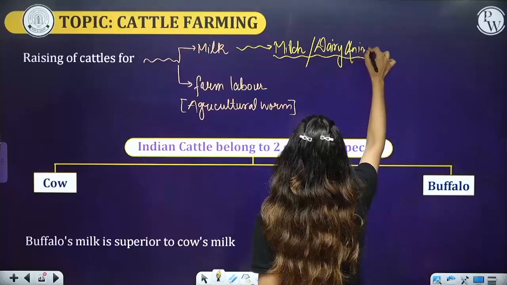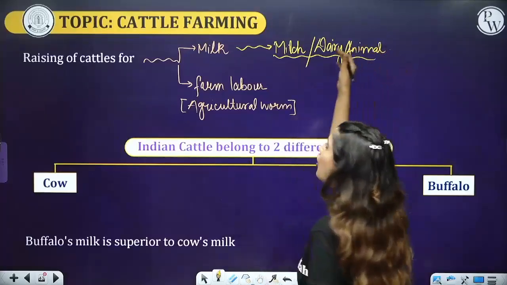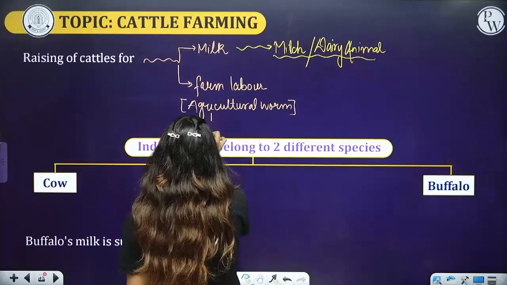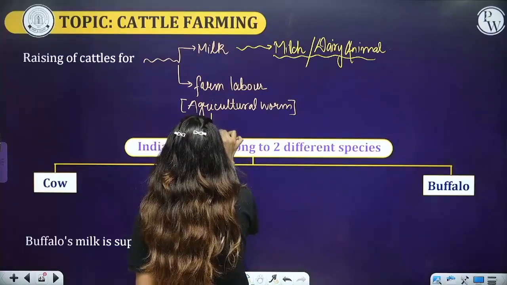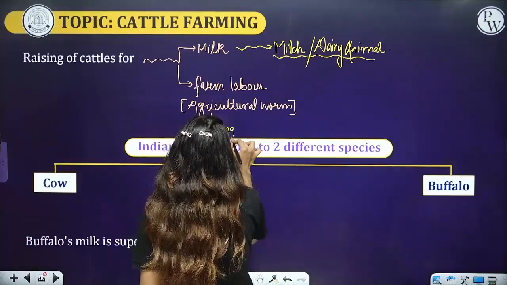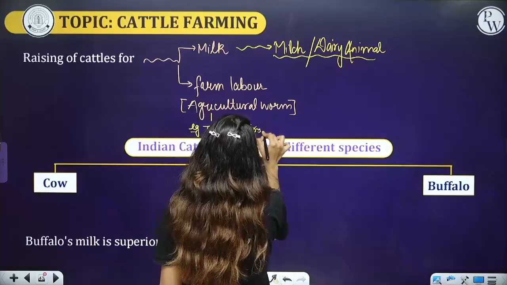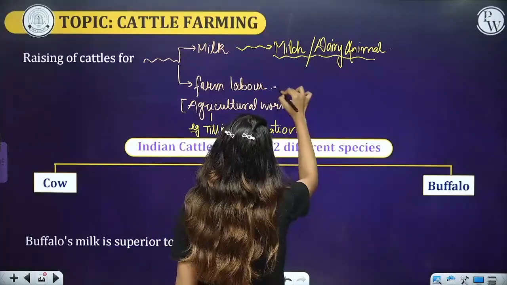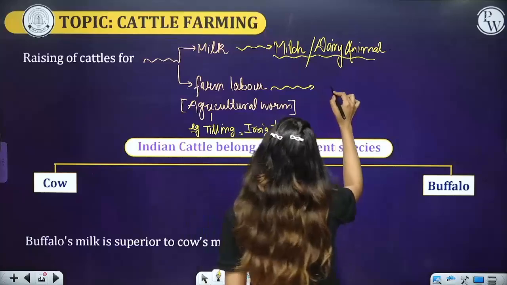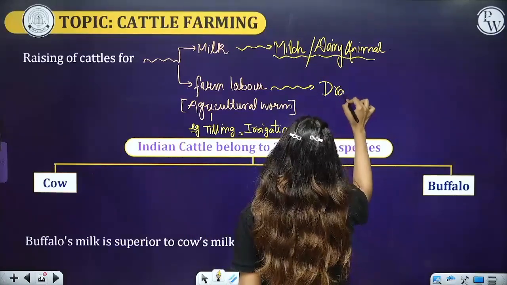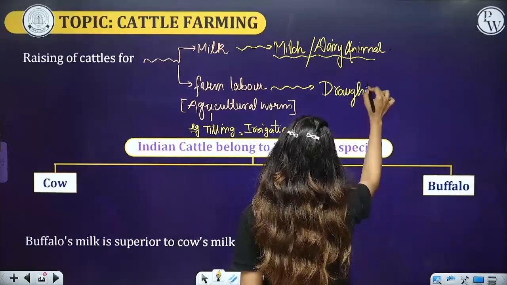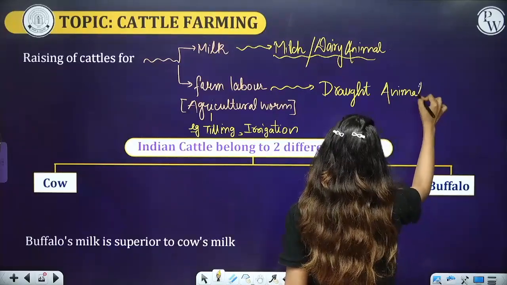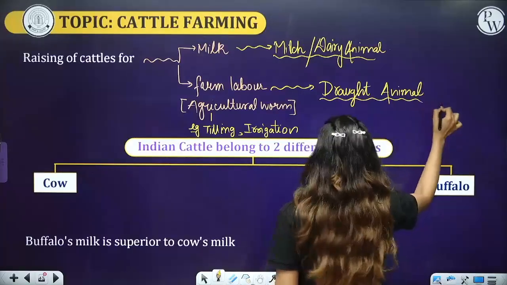And the animals which we use for the purpose of farm labor, like tilling, irrigation, and different agricultural work, are called draught animals. The milch animal for the milk, draught for the farm labor.